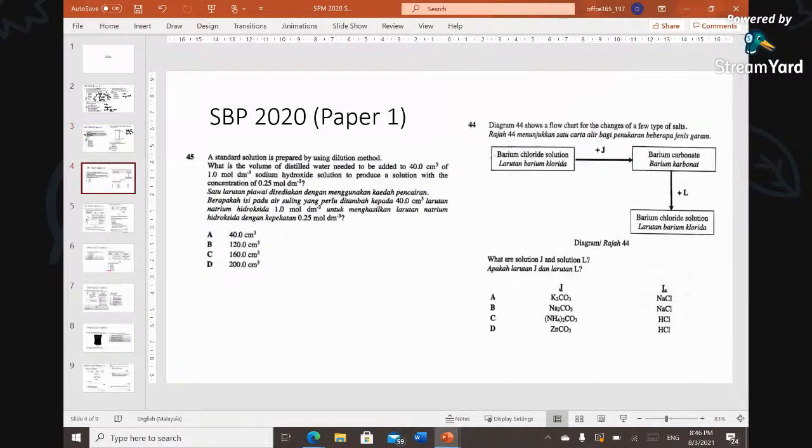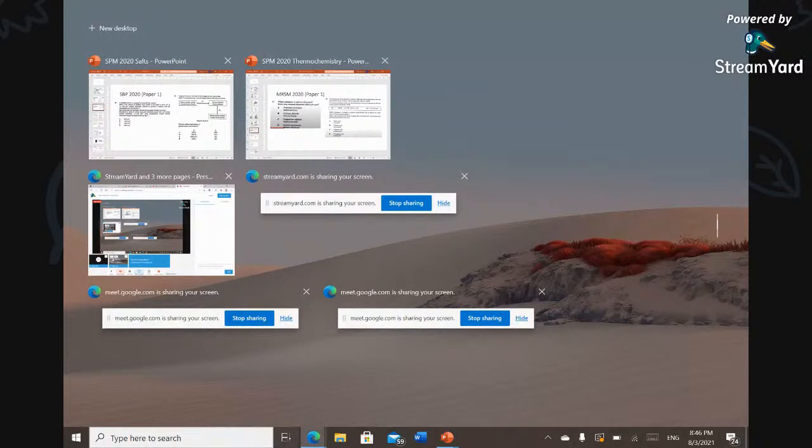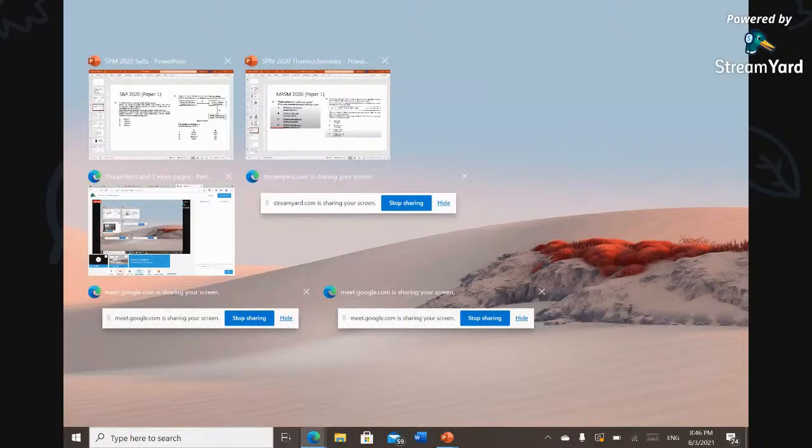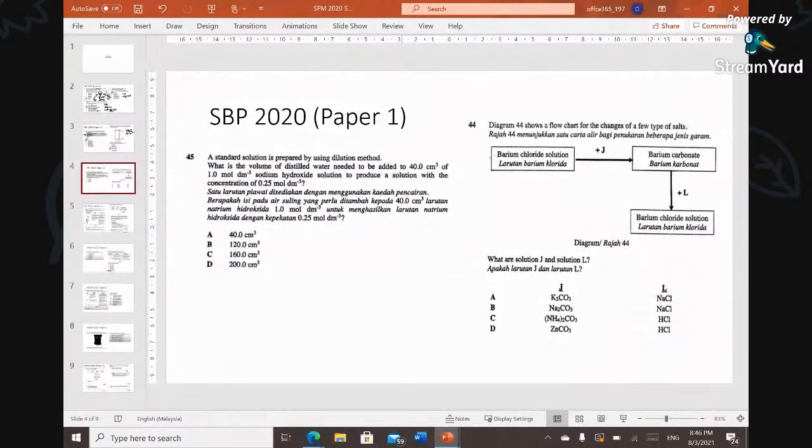And the next one, 45, a standard solution is prepared by using the dilution method. Standard solution means a solution where the concentration is known, and you're using the dilution method.